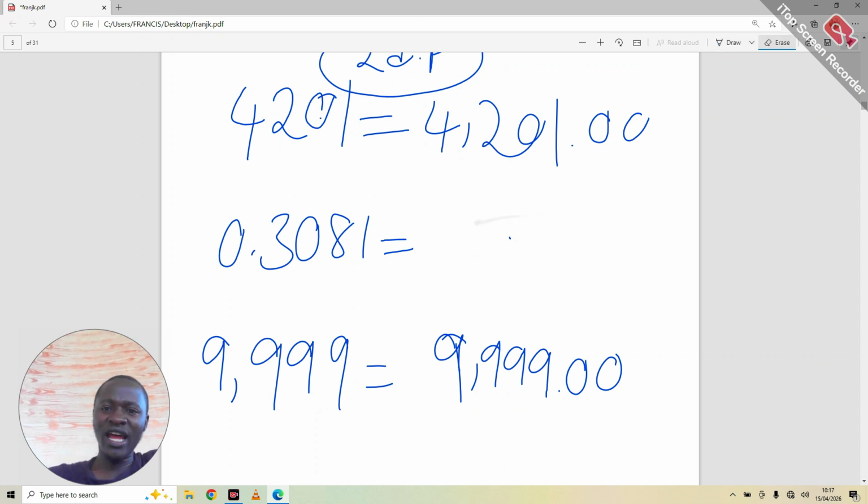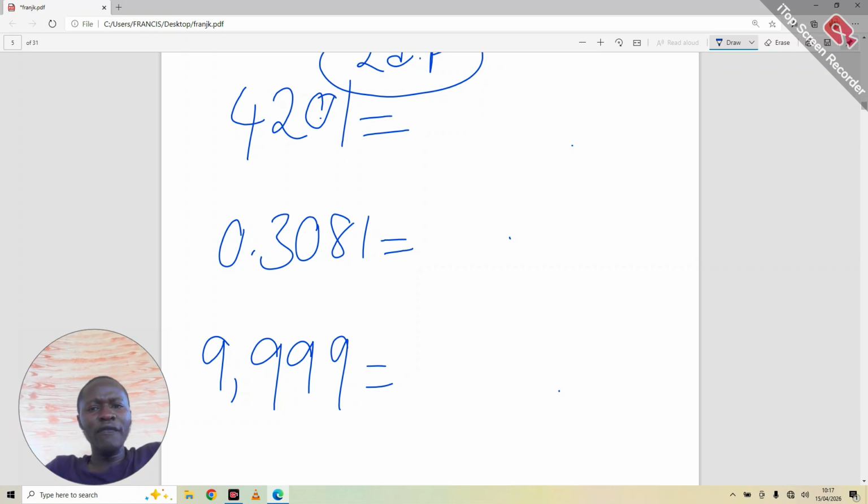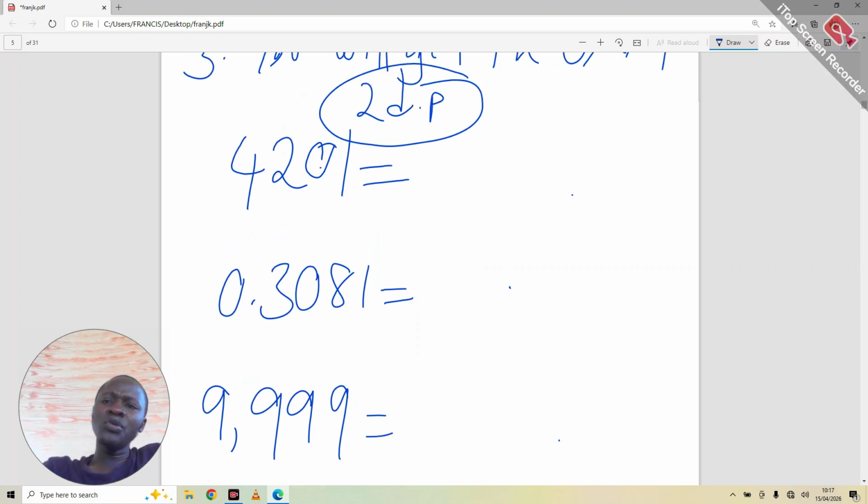Let us try another part using the same numbers. Round off the following numbers to 3 decimal places. We have 4201.